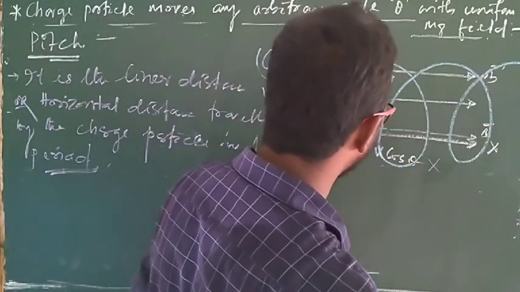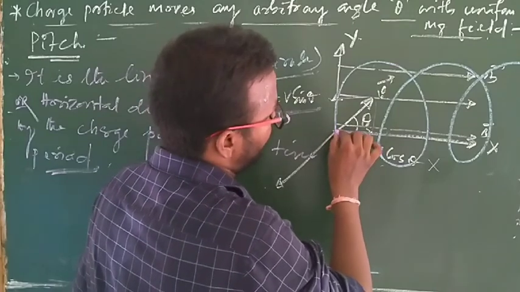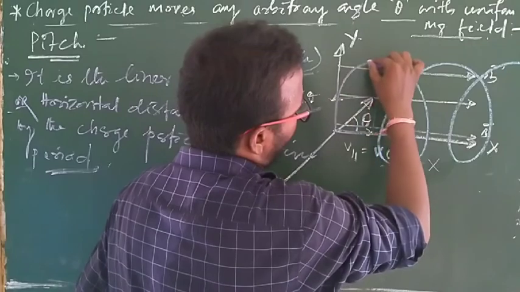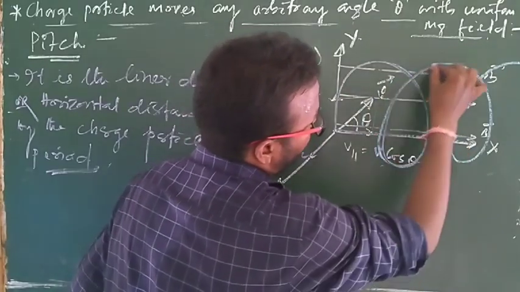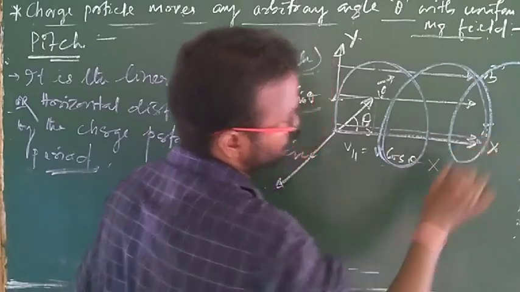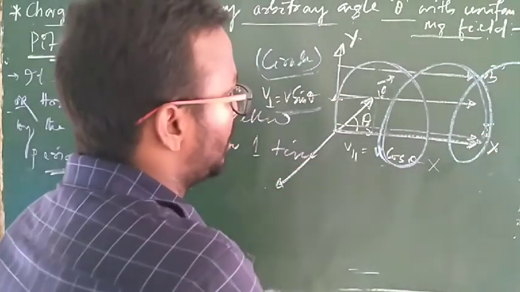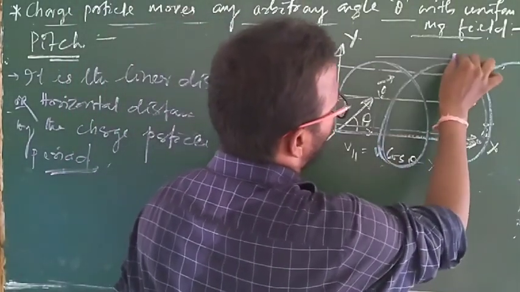So due to the helical path, this is the initial point, and it completes a circle. This is the helix, and it completes a circular path here. Clear? This is one cycle. So for one cycle, this distance is known as pitch.